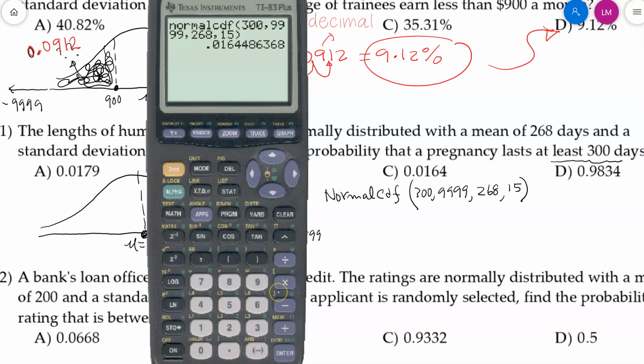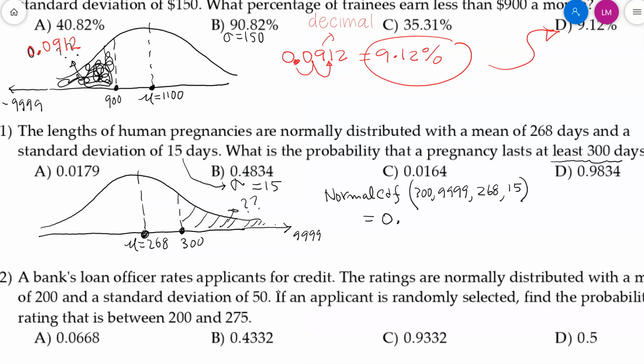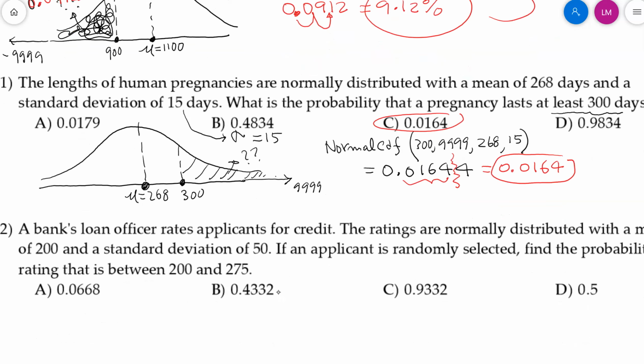So clear, second distribution, number 2, and then the four numbers: 300, 9999, 268, 15. You get 0.01644. They have up to 4 decimals. So the answer is 0.0164, which is C.